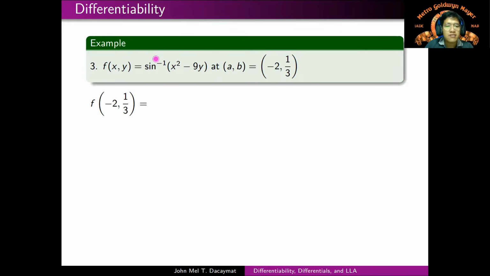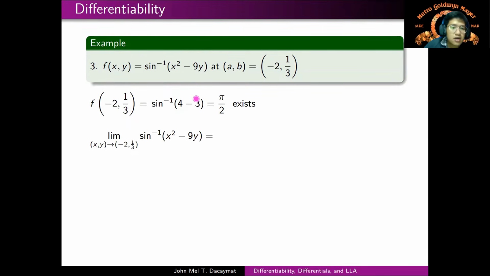So, if I have f of negative 2, 1/3, no, then I have this. Negative 2 squared is 4, and then 1/3 times 9 is just 3. So, I just get sine inverse of 1 or just pi over 2. So, the function value exists. Does the limit exist? Let's check.